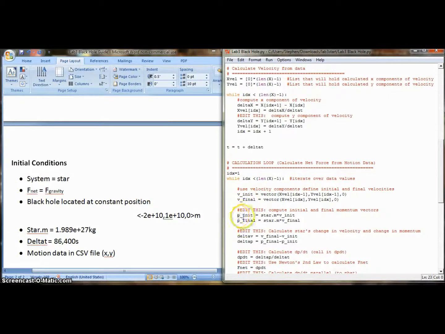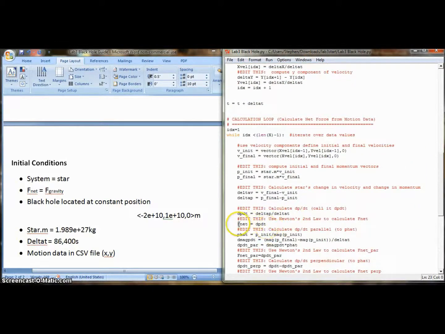To find p initial and final, I just multiplied the star's mass by v initial and v final. I set both delta v and delta p equal to the final minus initial calculations, and dp/dt is relatively equal to delta p over delta t, since delta t is relatively small compared to the duration of the motion.